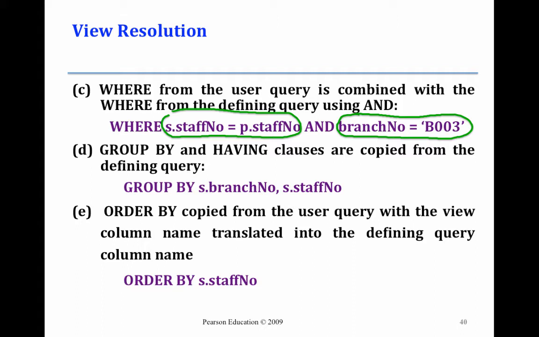Then we copy any group by statements from the defining query. So in this case, remember we were grouping on the branch number and staff number. And finally, from the user query, we copy anything with the ordering.